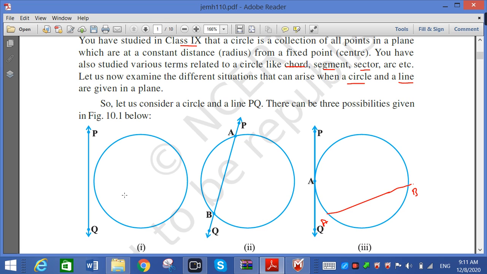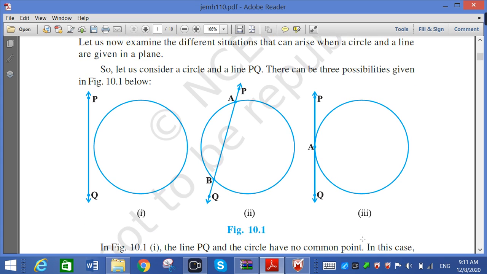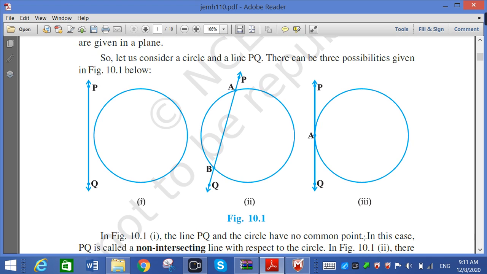So now if you see, there are 3 situations: first, second and third. In the first figure, you will see the line does not intersect. Here the line intersects at 2 points. Here the line touches the circle at 1 point.